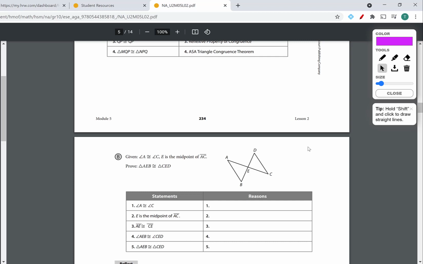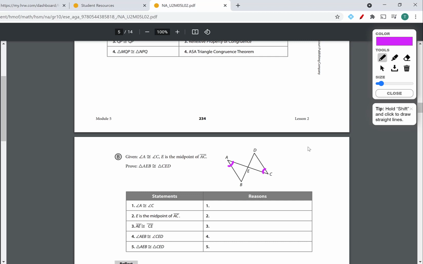These two triangles are almost kissing each other at point E. So we're given that angle A, which is kind of the top left corner, is congruent to angle C, which is kind of the bottom right corner. They give us that information.